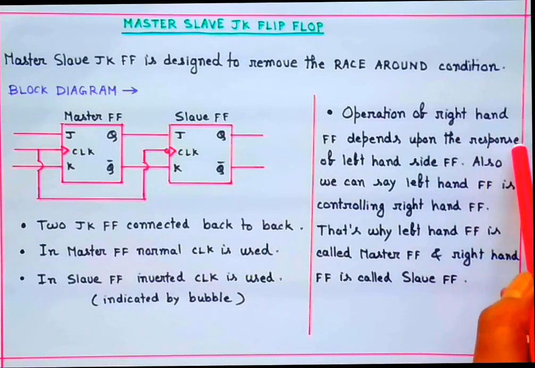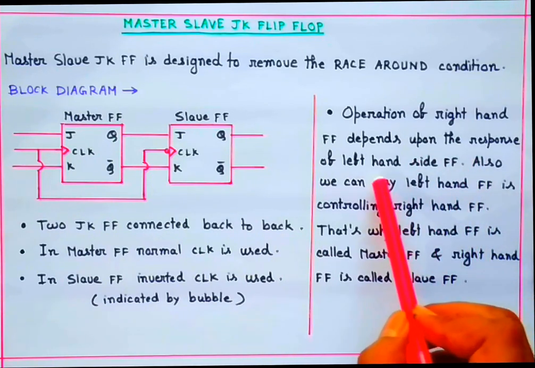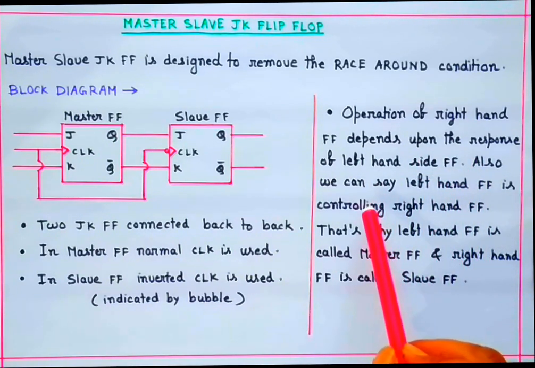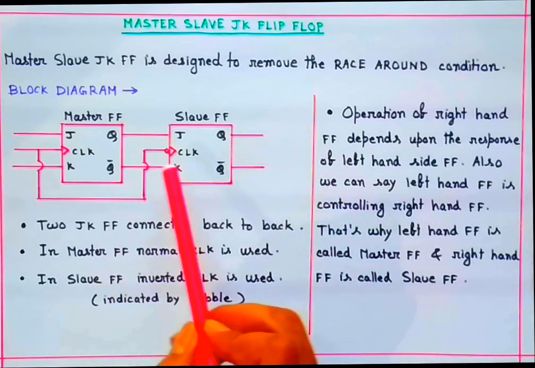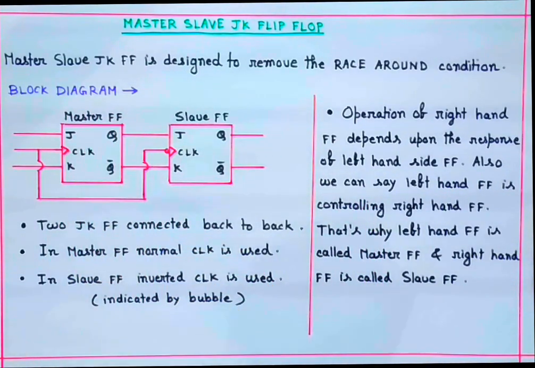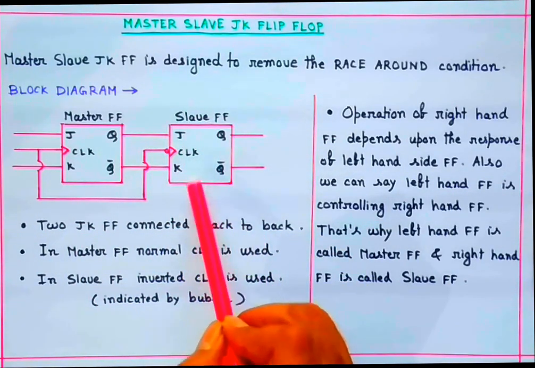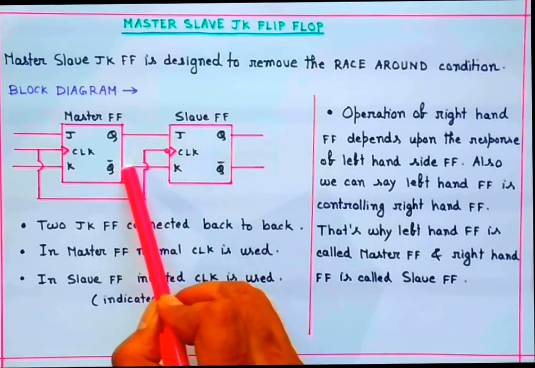Now the operation of the right hand flip-flop depends upon the response of the left hand side flip-flop. You can see that the output of this left hand flip-flop is connected to the input of this right hand flip-flop, this one and this one.